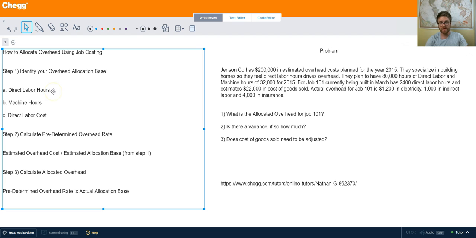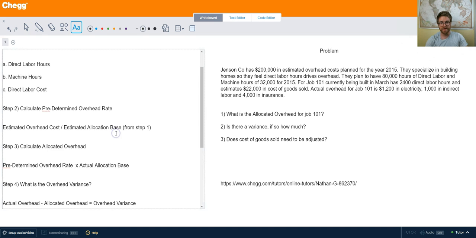Either direct labor hours, machine hours, or direct labor cost. Haven't seen any others. So we're just going to focus on these 3. Now once again, it's either one of them. So it's not all 3, it's just one out of the 3. So that's the very first step when you attack a problem. Find out what the allocation base they're using.